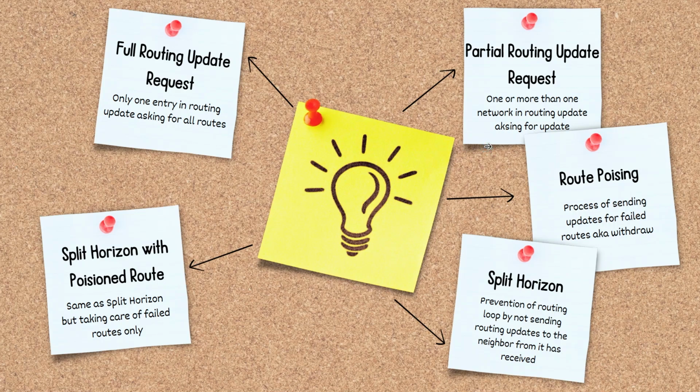Now we have something called split horizon. Split horizon is nothing but a specific scenario. Let's say there are two devices connected in a point-to-point channel, and a device receives a RIP packet from the immediate next node of the particular topology.